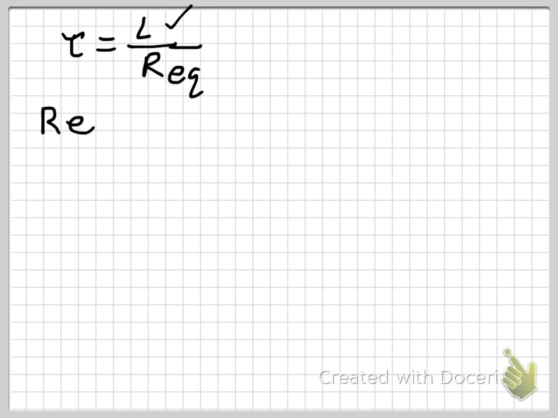So time constant tau is calculated as L over the total resistance R equivalent. L is given to us as 2 henries, so in order to calculate the R equivalent, we'll be using the circuit with the final position of the switch. And again, in order to calculate R equivalent, all power sources will be turned off.